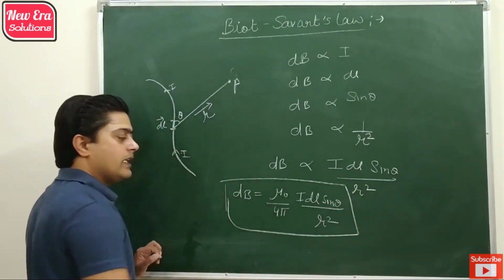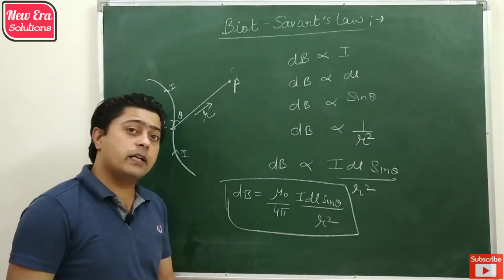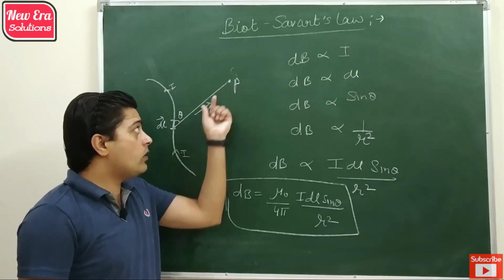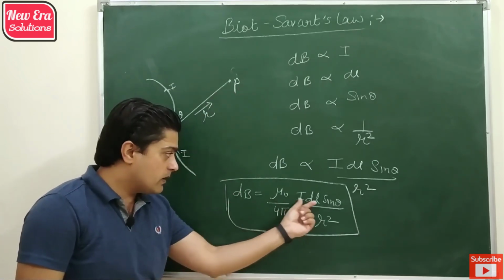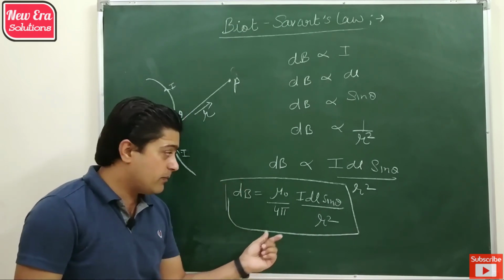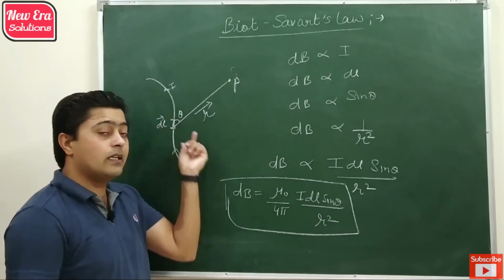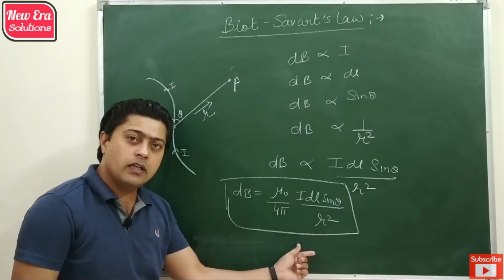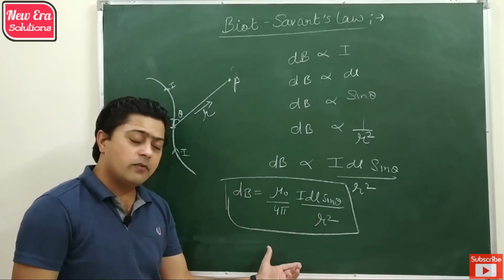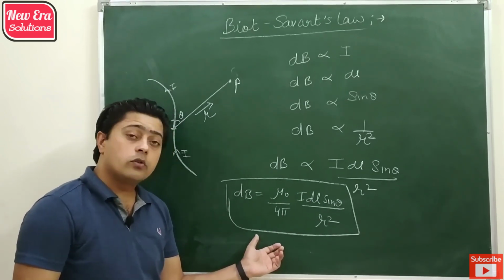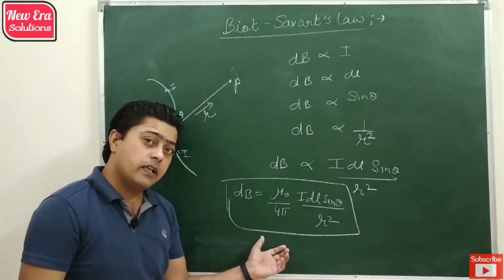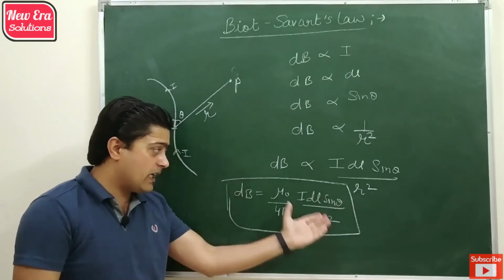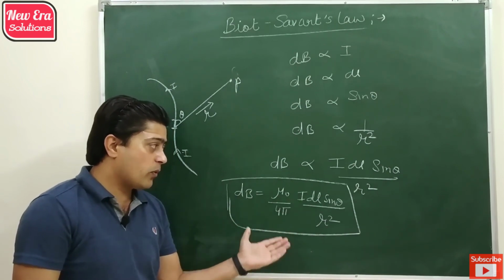This is the magnitude of magnetic field due to a small current element at a point P, where dl is the length of that element, theta is the angle between the displacement and the length of the element, I is the steady current, and r is the position vector. By using this formula we can find the magnitude. To obtain the total magnetic field at that point due to the conductor, we can integrate this formula with the proper limits.